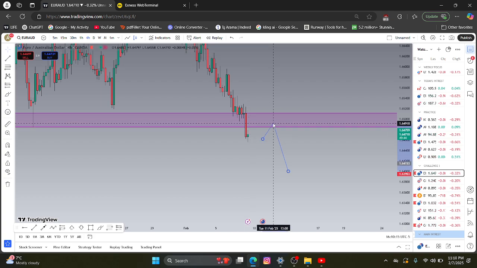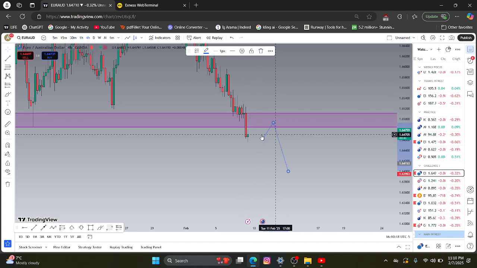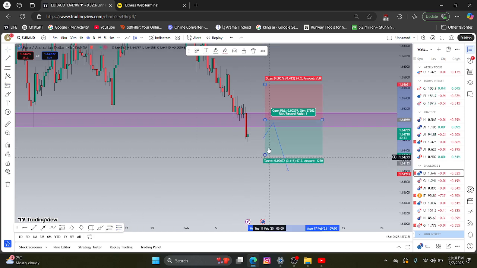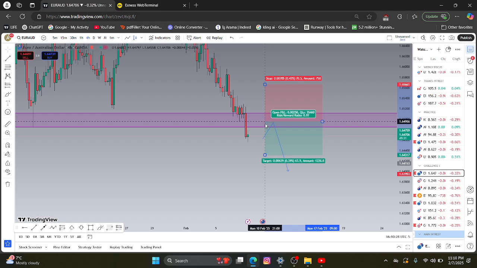All we have to do is wait for the price to enter this zone, then we'll be placing our sales once it enters this zone and our stop loss above this here.